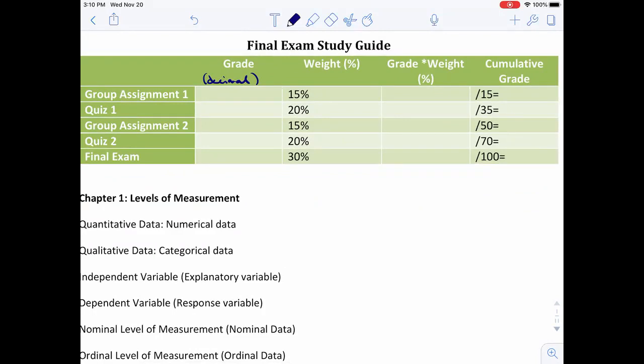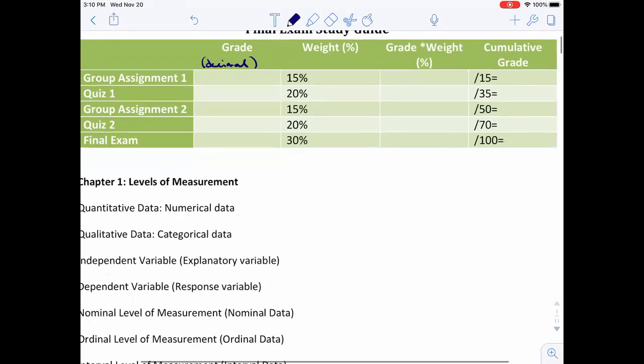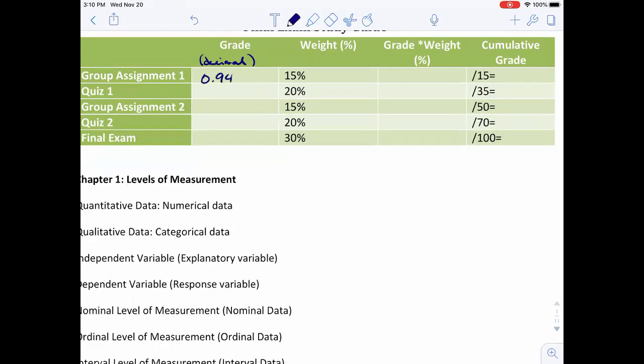That's 94.3, so 0.94. I mean, you could keep all your decimal places if you want. I'm going to round up to 3. Okay. And then what you're going to do is you're going to multiply that by 15, because that means that that group assignment counted as 14.14 out of 15 of your whole grade, right? And so what you have is 14.14. So at that point, right, your grade would have been the 94.3, right?